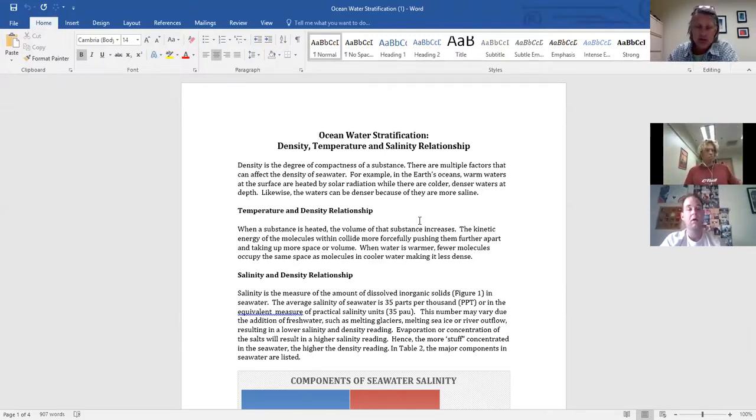And there are different factors that affect the density of water. The ones that we look at the most are temperature and salinity. So we have the concepts of density, temperature, and salinity with the stratification or layering of the ocean.